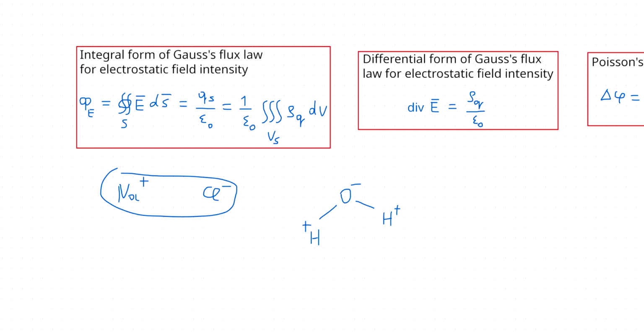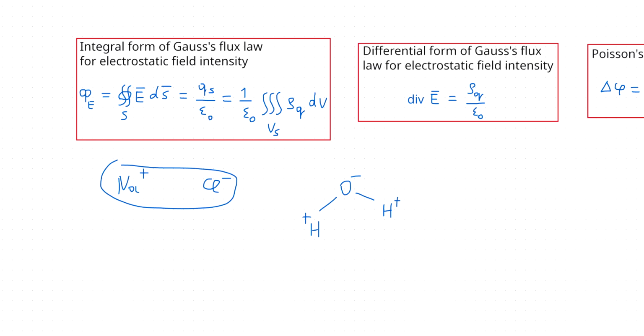But these charges cannot be easily moved, and because of this fact they are called bound charges. Bound charges cannot be easily moved in space. So it is not easy to push them to change their place in space, or to change their position.